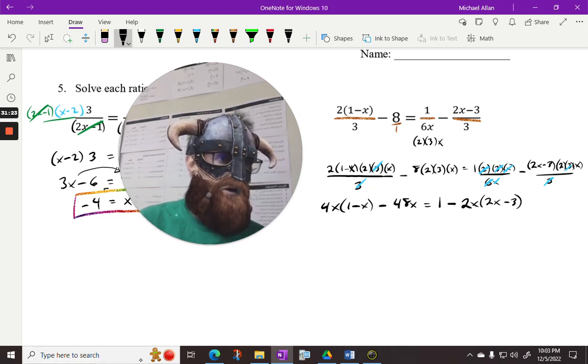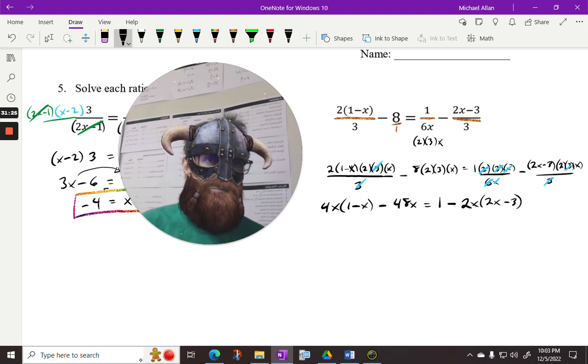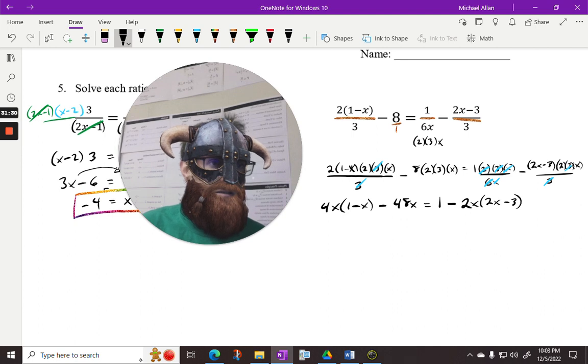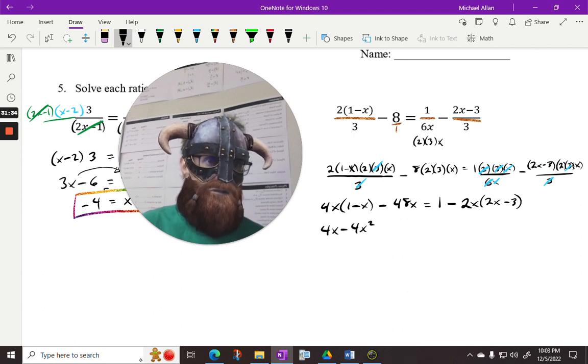And then I'm going to multiply the stuff into the brackets, and just like the previous one, try to solve for x. All right, so let's multiply this in. I'm going to get 4x minus 4x squared. Okay, got a square. Maybe I'm going to make this equal to 0. Let's see what happens. And over here, I'm going to multiply this.